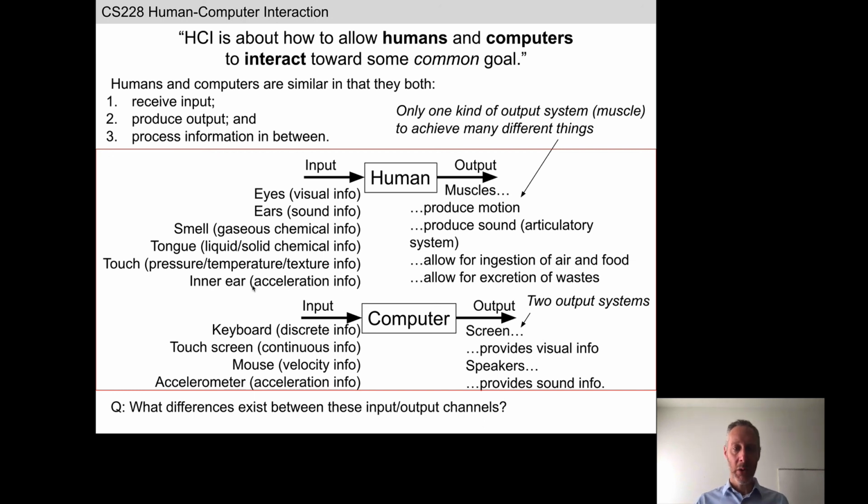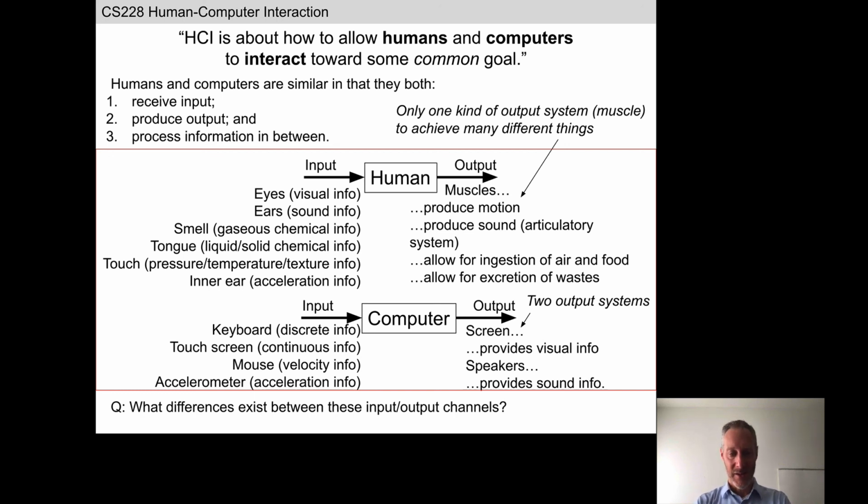Okay, so we've just talked about the similarities between humans and interactive technology, which is they both have quote-unquote input and output devices. But that is basically where the similarity between humans and computers ends. We're going to spend most of this course talking about the differences between these 2 types of agents.